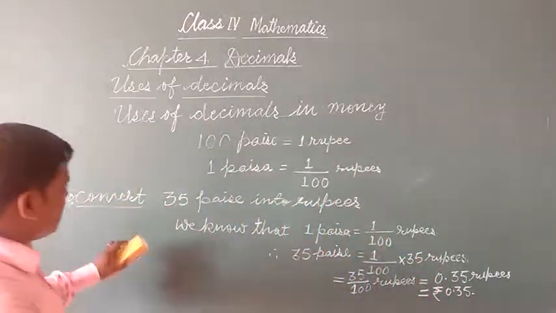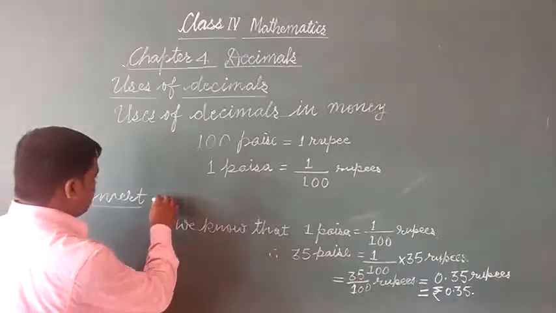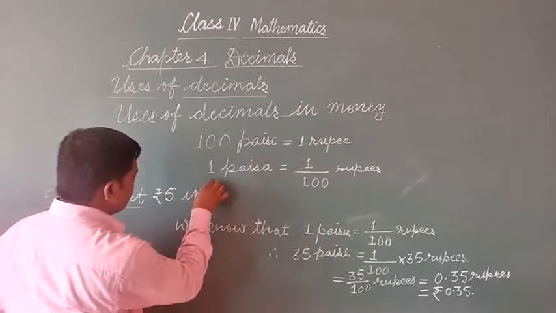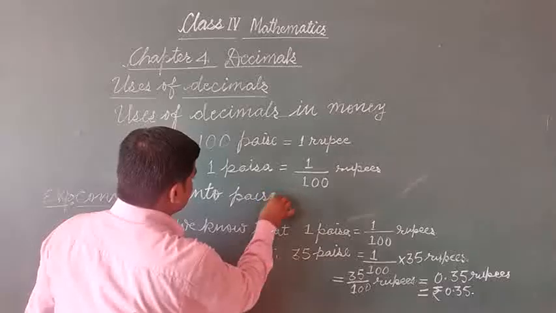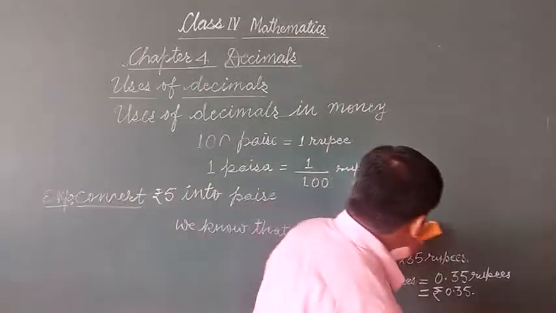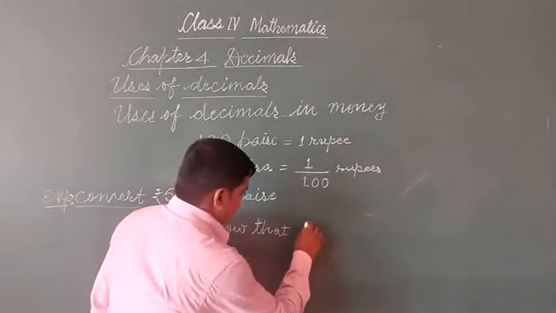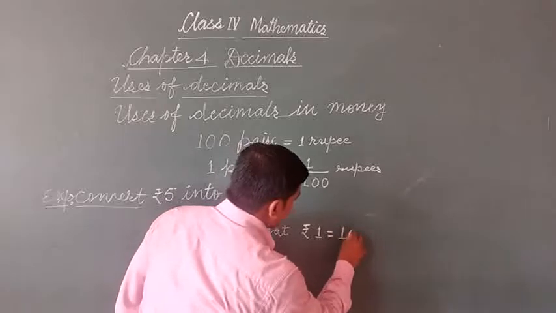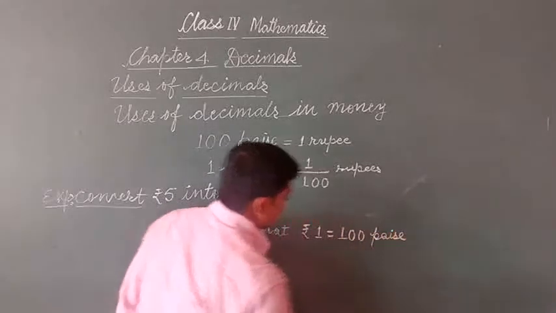That one also I am going to tell you. Suppose you have a question: convert 5 rupees into paise. In this case you will write, we know that 1 rupee is equal to 100 paise.